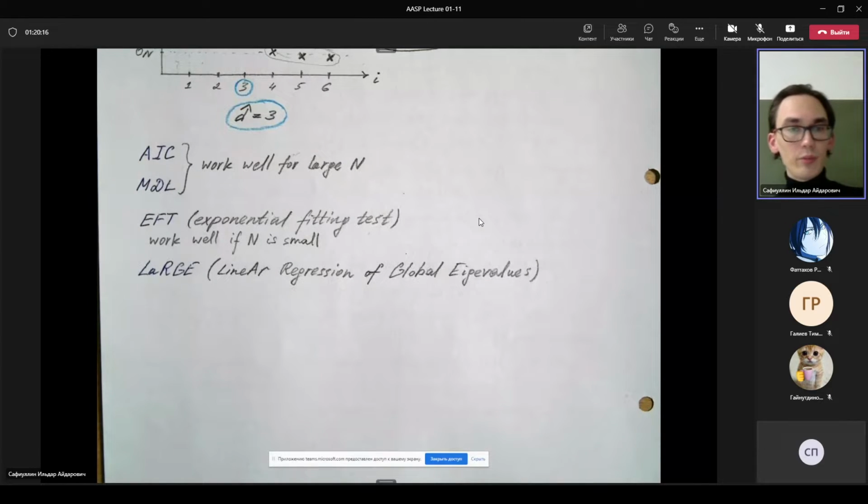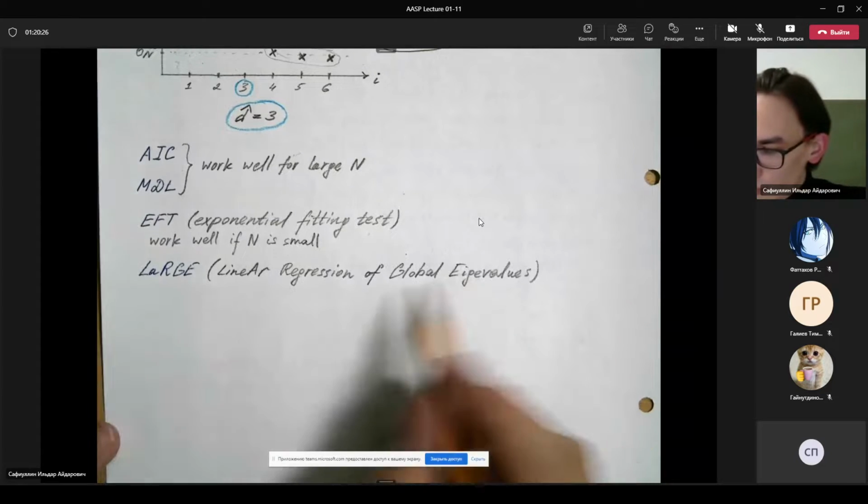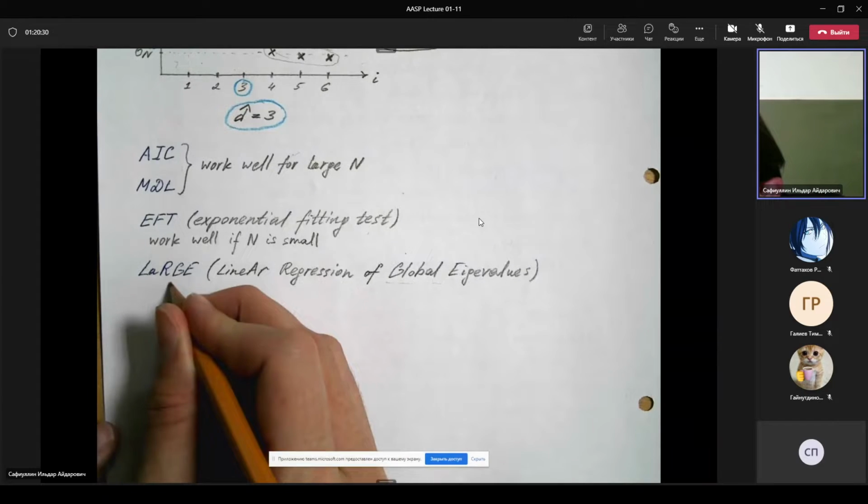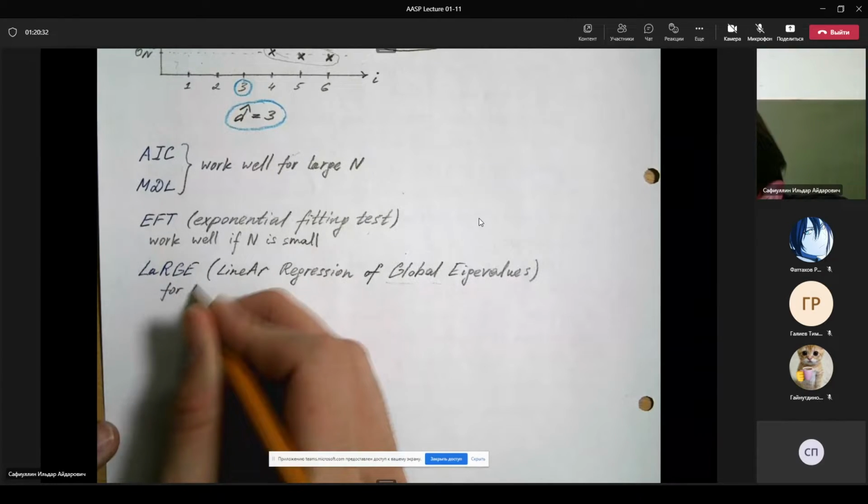So this one can be used for tensors, or usually is used for tensors, because here you can see we talk not about the eigenvalues, but about the global eigenvalues. So this one is for tensors.